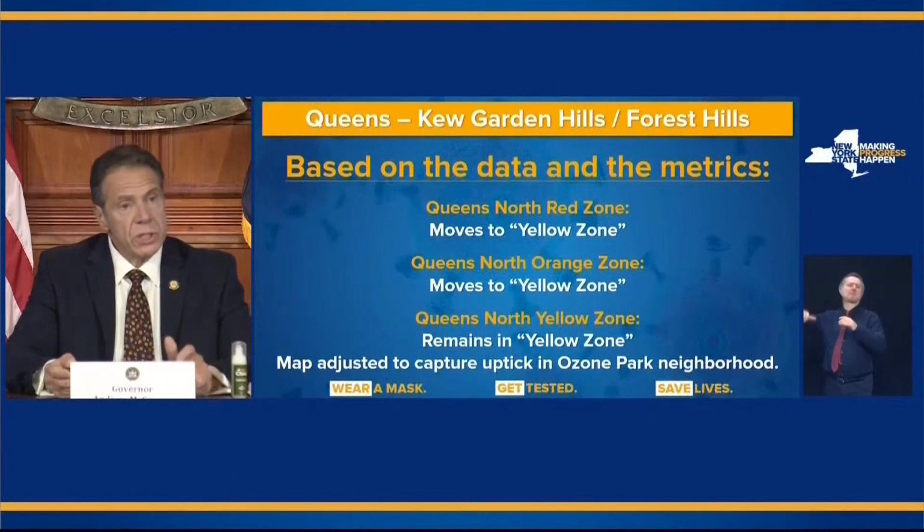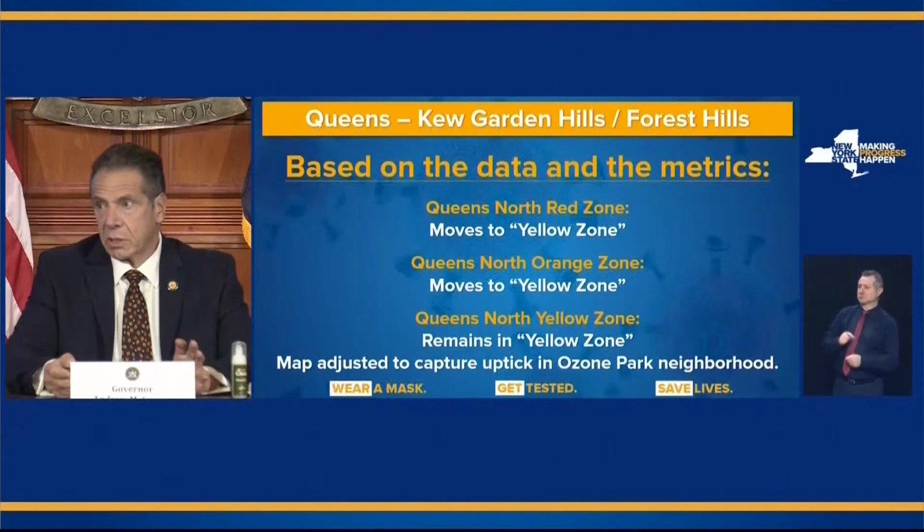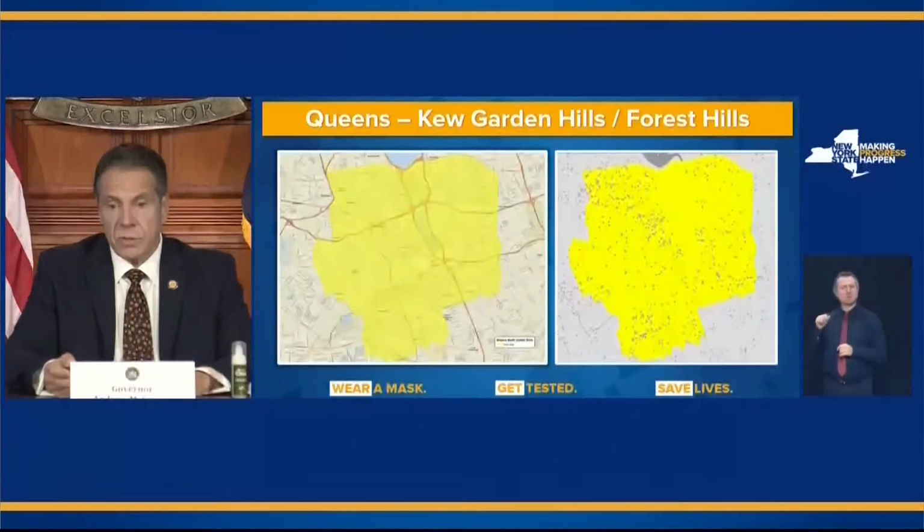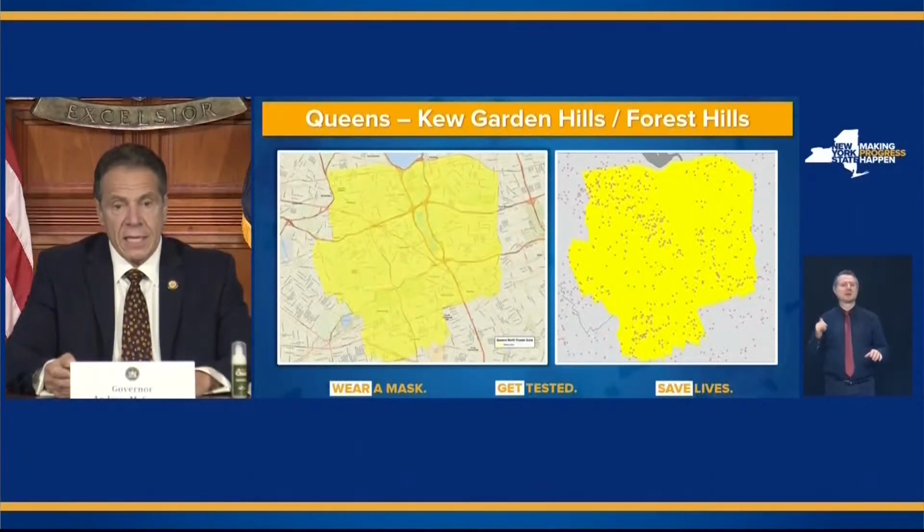We are also adjusting the Queens map by adding the Ozone Park neighborhood, which has seen an uptick in cases. So Ozone Park becomes a yellow zone. And that is what it looks like. And that is the cluster of cases. And there you see Ozone Park.